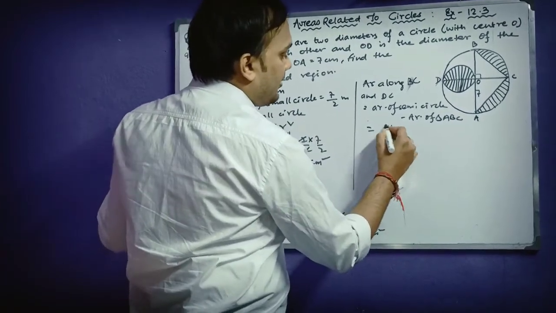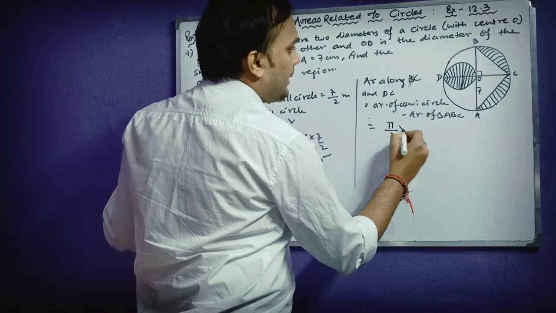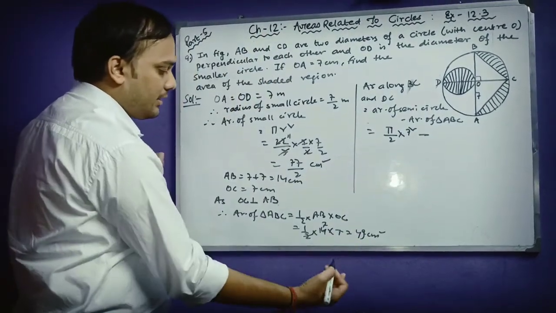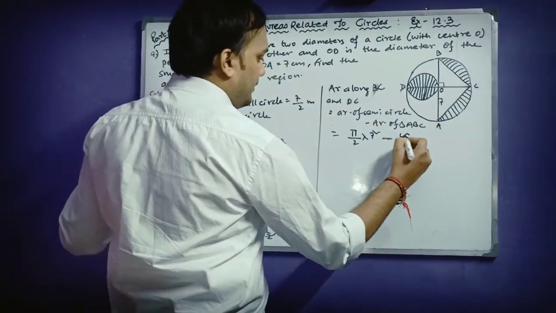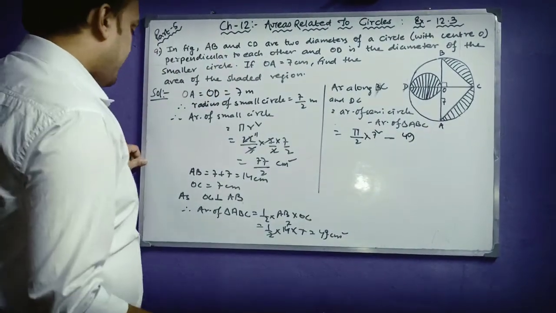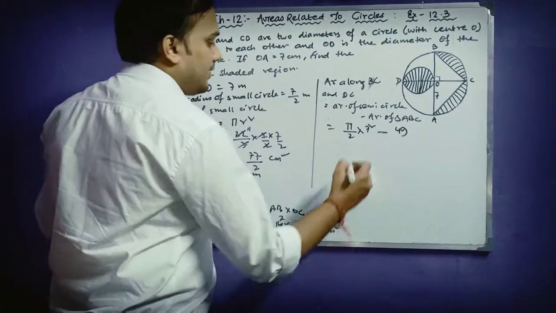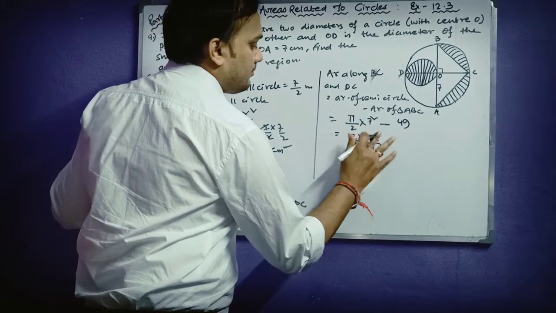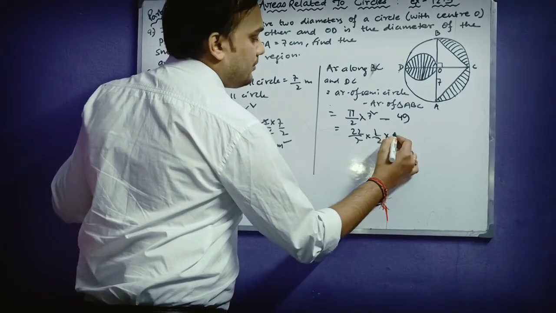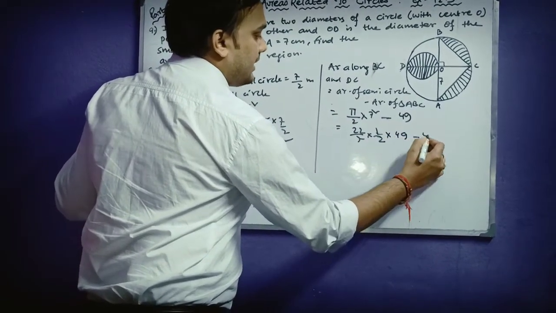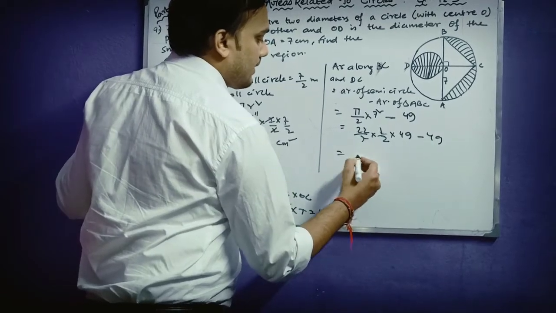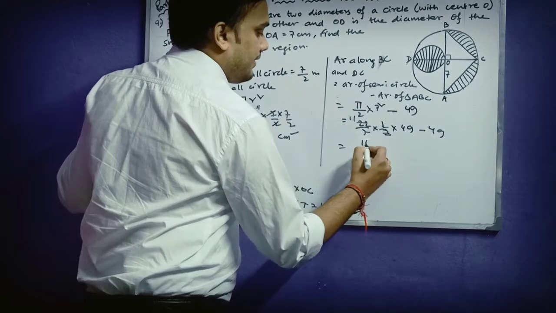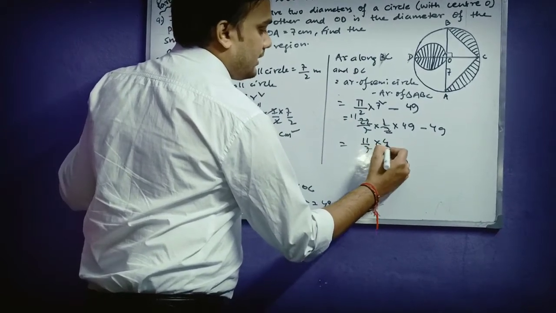It will be pi by 2 into radius, that is 7 square, minus the area of triangle ABC, as I have already calculated here, it is 49 centimeter square. Okay. So it will be equal to 22 by 7 into 1 by 2 into 49 minus 49, that is equal to 11 by 7 into 49 minus 49.